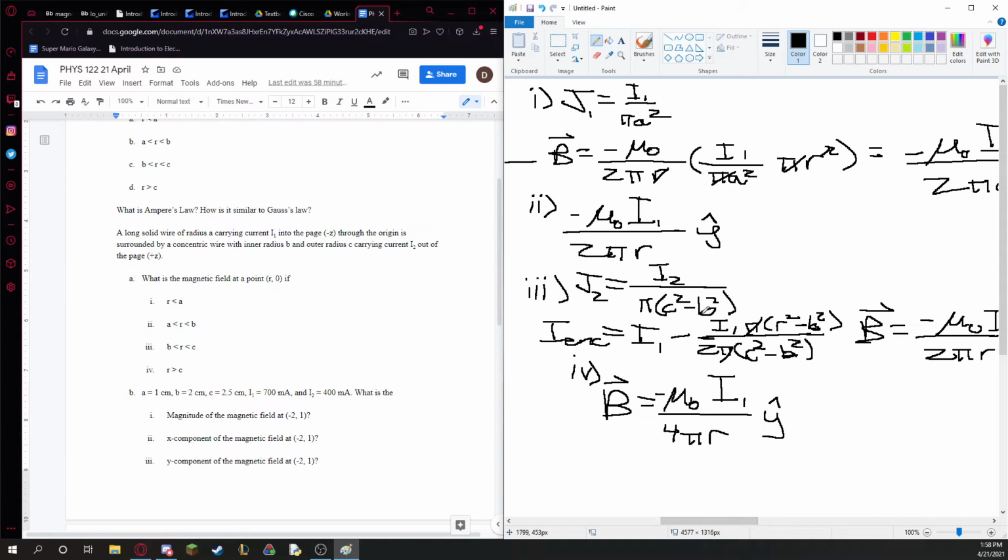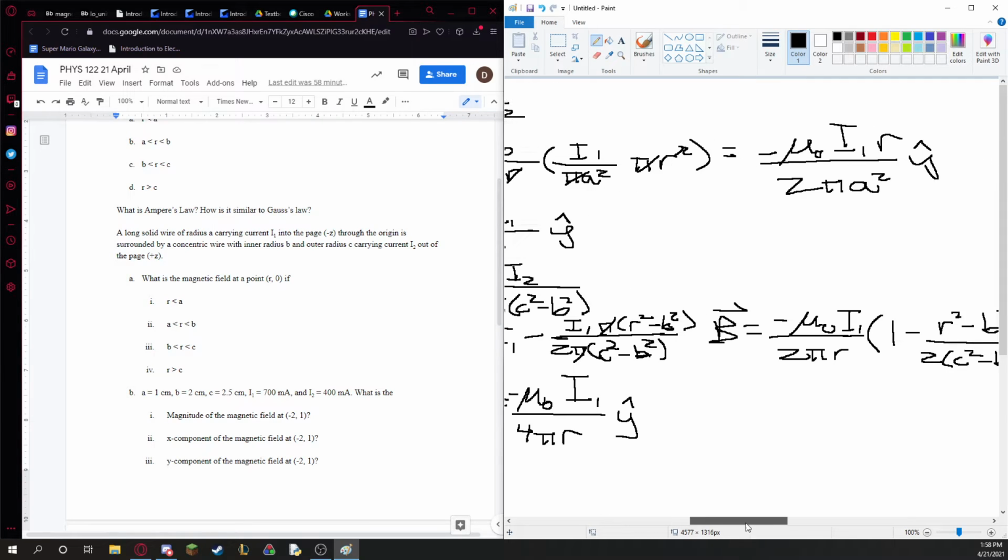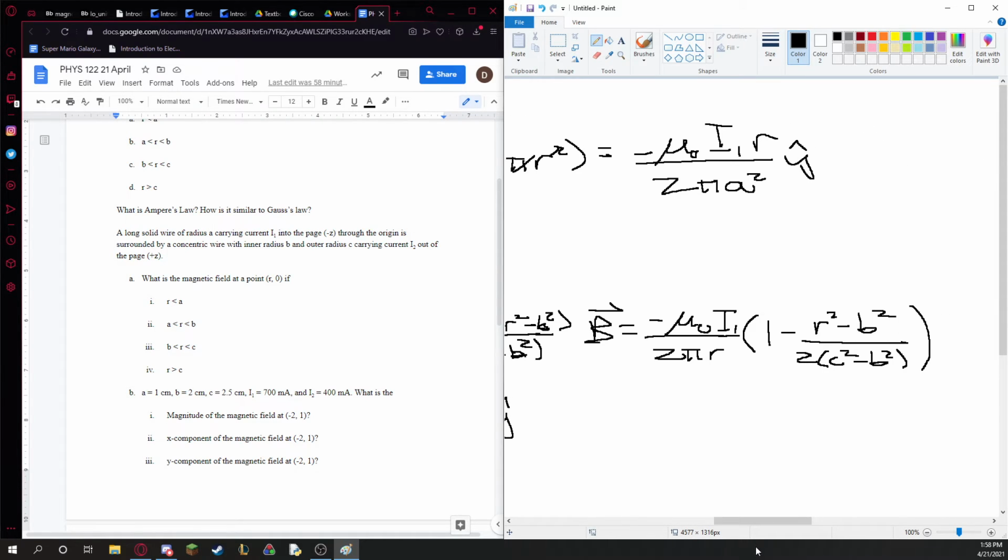I've just pulled out the I1 and put it here, so then we have the 1 minus. The pi's cancel out. Does anyone have any questions about this?